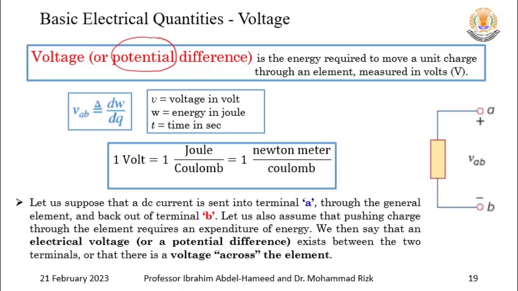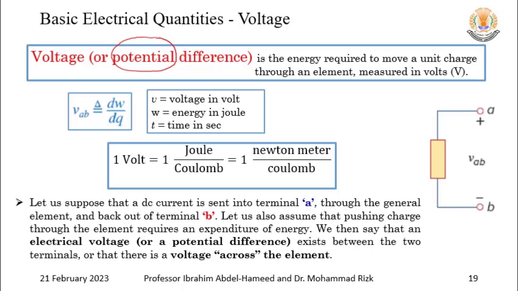So when I say potential, and we are in electrical engineering, even you in computers, it is still related to electrical, not mechanical, you understand electric potential means voltage. So we can say either voltage or potential difference between any 2 points.